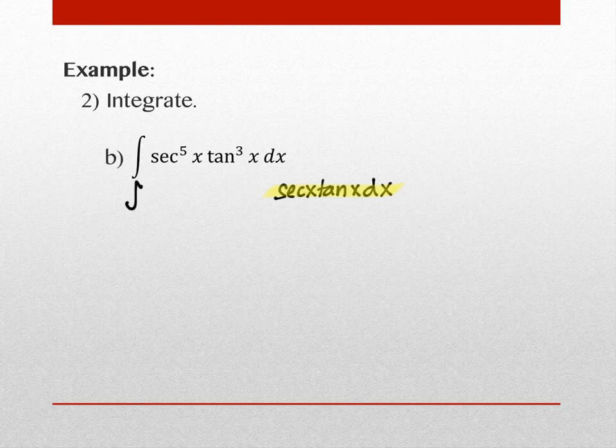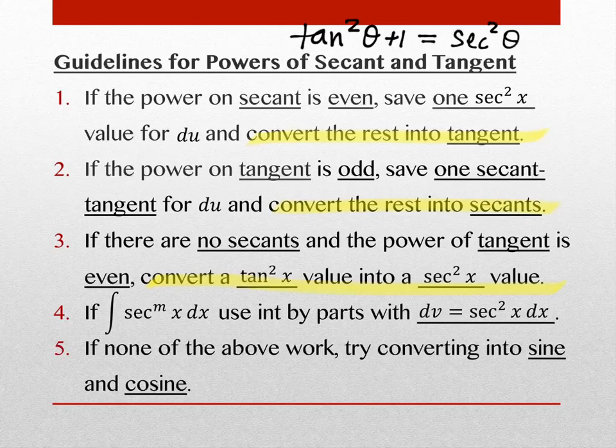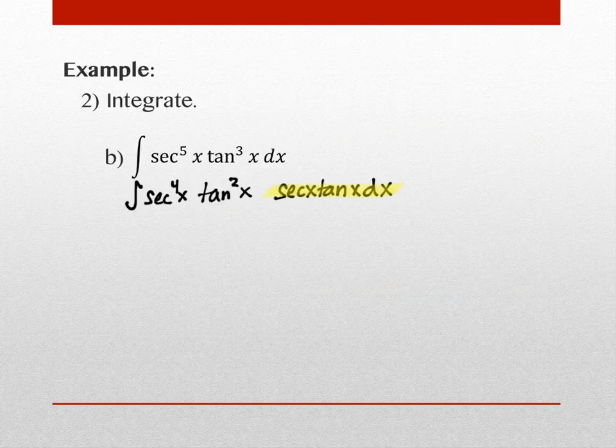What does that leave me with? I had secant to the 5th, so now I will have secant to the 4th, right? I had tangent cubed, so now I will have tangent squared. That's what I'm left with. And then the other part of this guideline says that I need to turn everything into secants, right? Secant to the 4th is already in secants. It's the tangent squared part that needs to change.